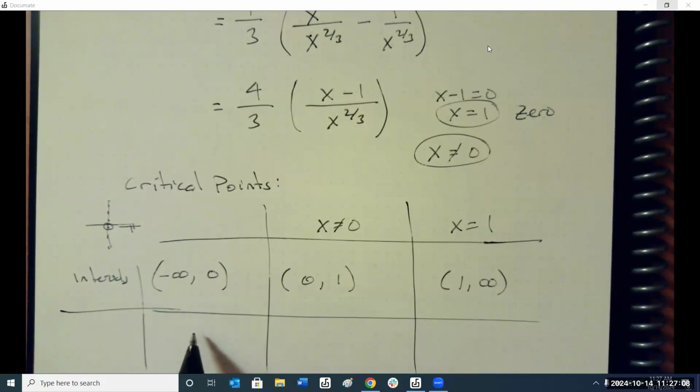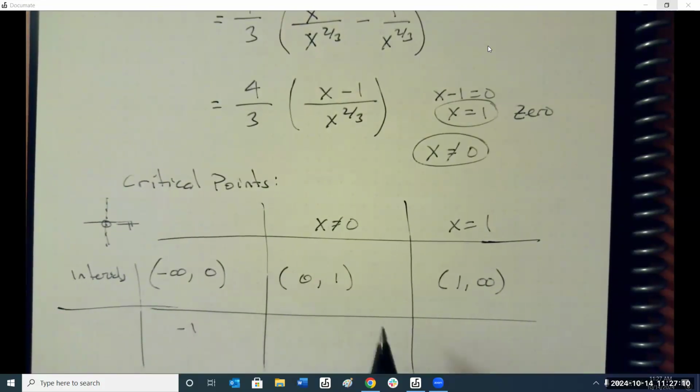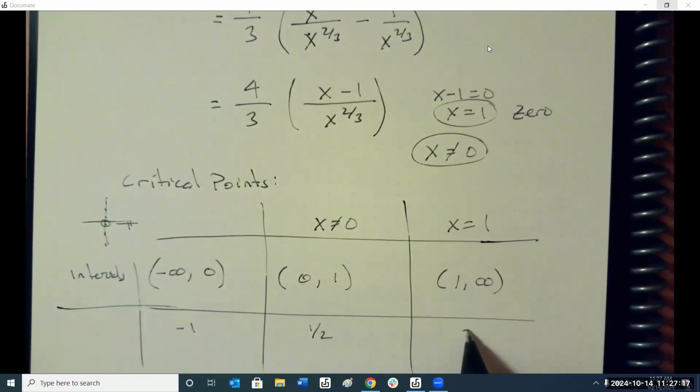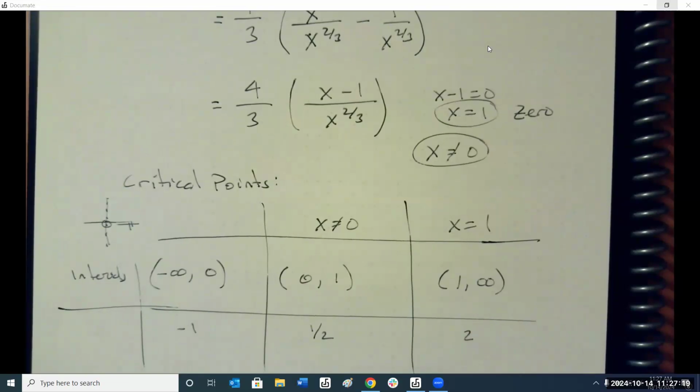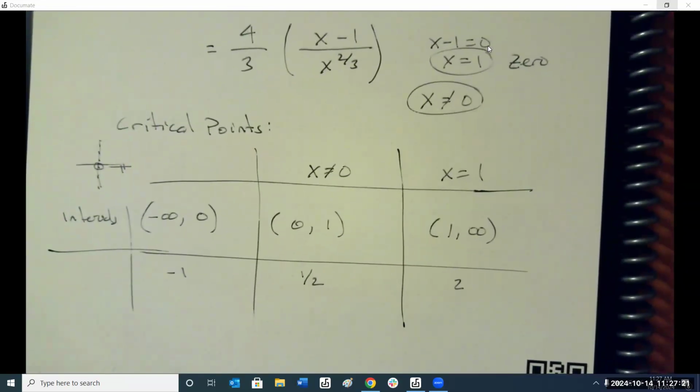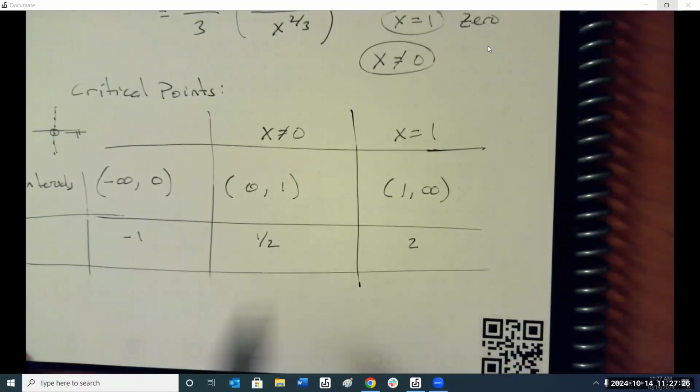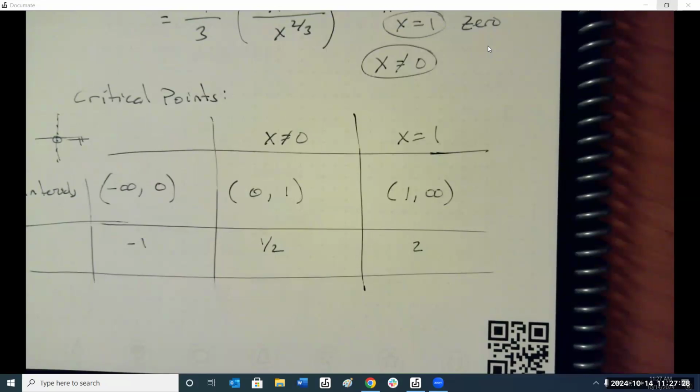So let's pick a value inside here, say -1. Between 0 and 1, let's make it 1/2. And between 1 and infinity is 2. So we'll pick a value that's inside those intervals. And now we're only going to check to see if it's increasing or decreasing.